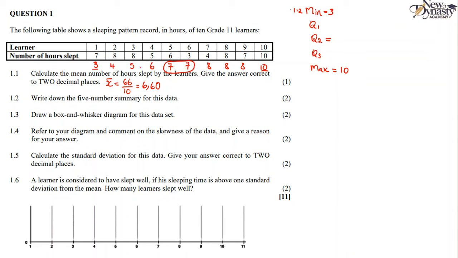On the left hand side, there are 4 numbers, and on the right hand side, there are also 4 numbers. So it means this 7 and 7 are the middlemost numbers. So you get the average of 7 plus 7, then you divide by 2, and obviously the answer is going to be 7. So your Q2 is going to be 7 there.